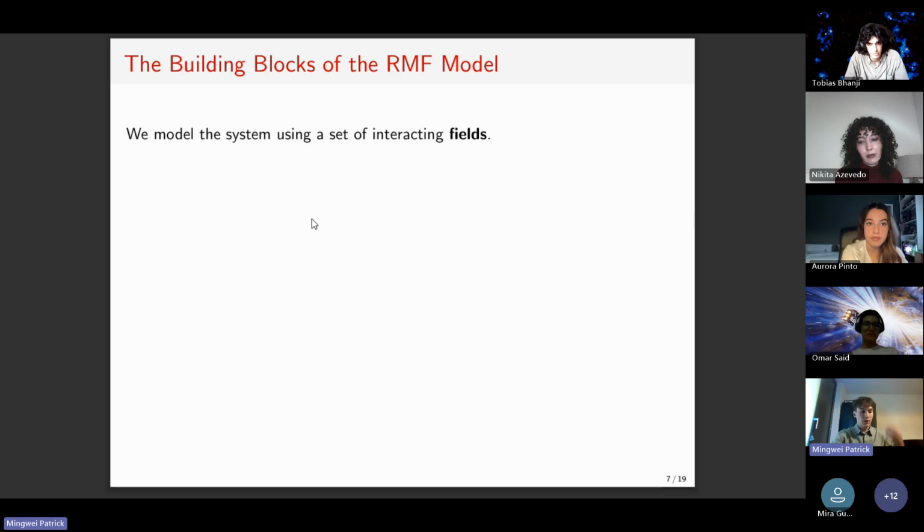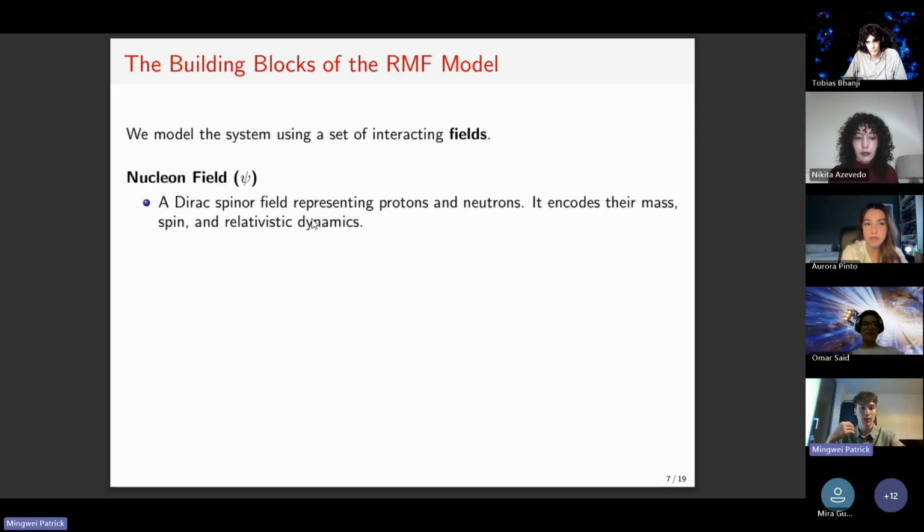So now let's think about how we're actually going to build this RMF model. In RMF models, we consider fields, and fields in physics are just regions of space with quantities associated with them. For example, an electric field will have an electric vector associated with each point of space. Our first field is the nucleon field, which has a Dirac spinor at each region of space, hence a Dirac spinor field.